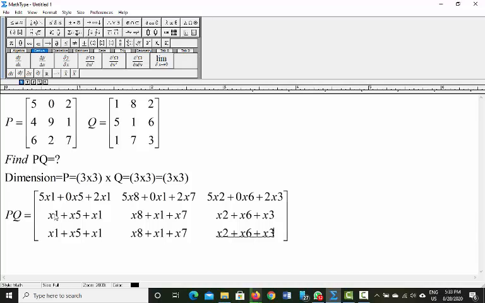Now as we have already multiplied the first row with all the columns of the second matrix, we will move to the second row.